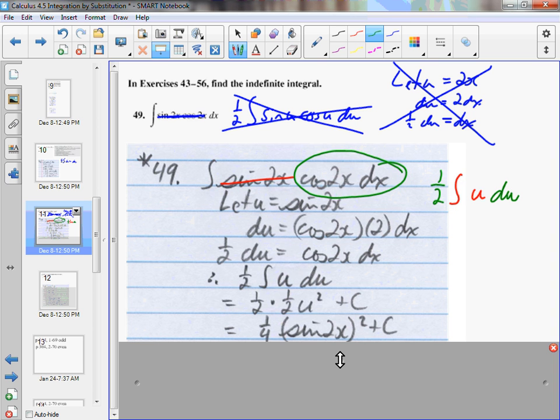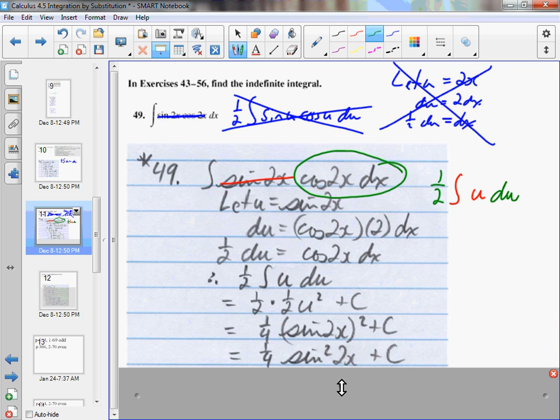Replace u with what it equals, the sine of 2x. Still plus c. And I guess I'll take that as your answer, but it's not really the proper notation, is it? If you have the sine of 2x, all that squared, the notation is sine squared 2x.